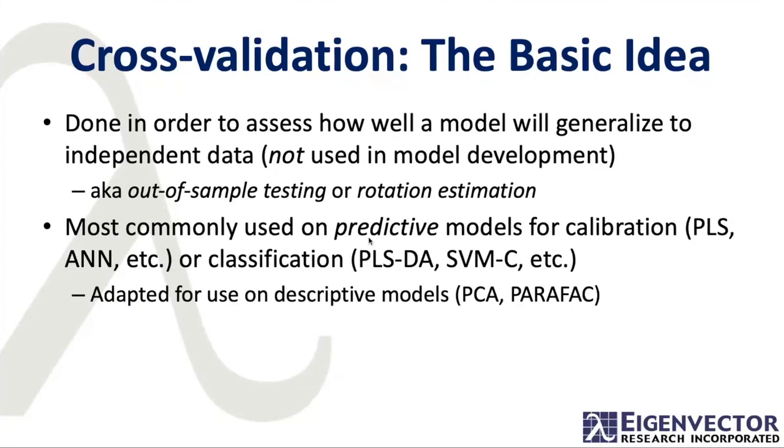Those calibration models can be PLS models, neural network models, support vector machine models, you name it. The same for classification. It can be used in PLSDA, support vector machines, etc. And it can be adapted for use on descriptive models such as PCA and PARAFAC.